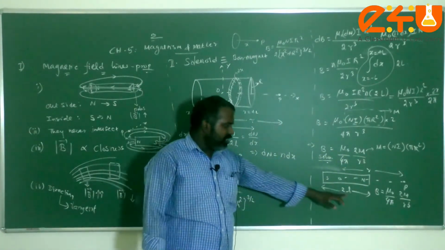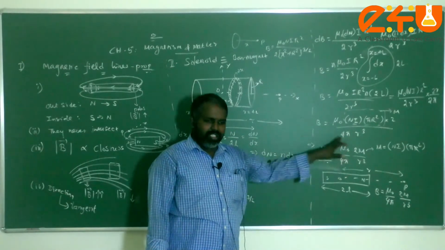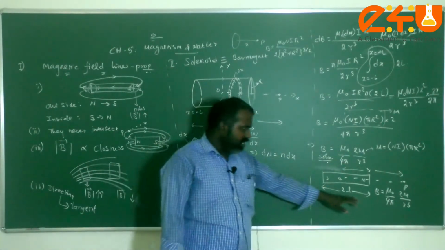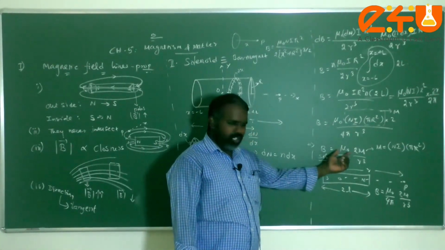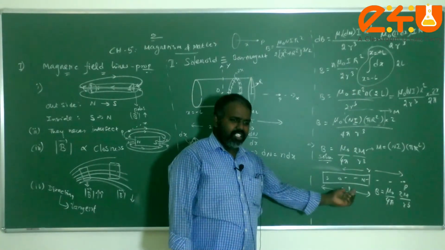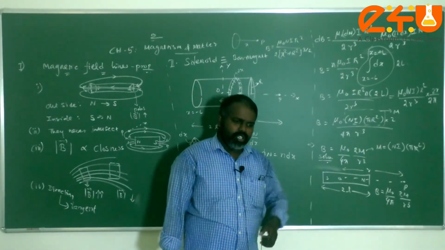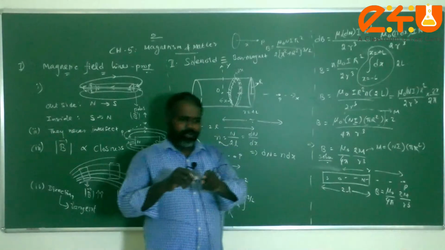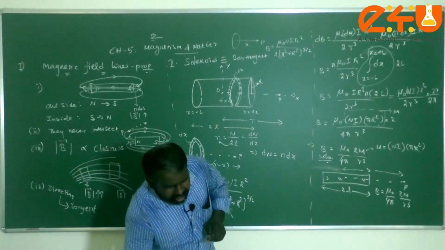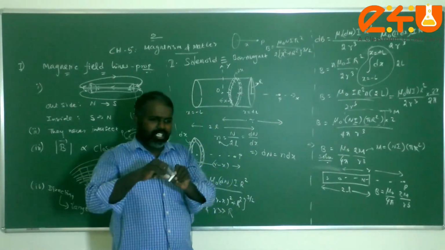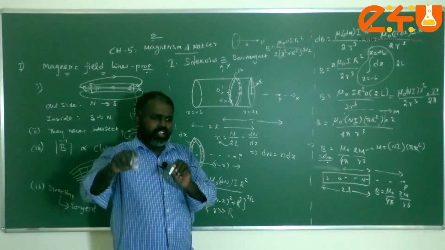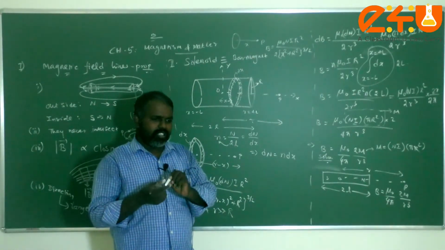So by comparing this result with the solenoid's magnetic field, we can say that the current carrying solenoid will behave like a bar magnet, because in lower standard we studied that whenever a bar magnet is suspended from its geometric center, it aligns in the geographic north south direction.